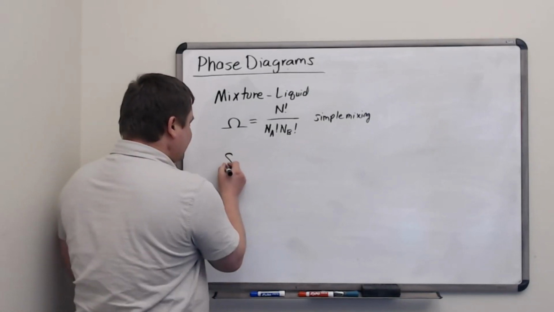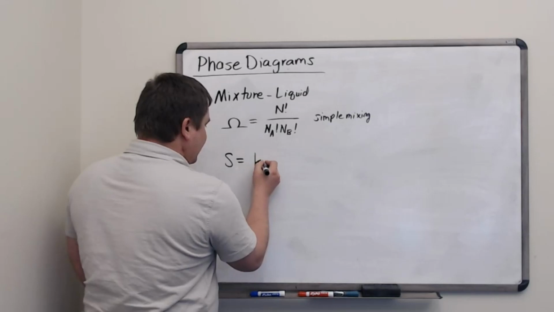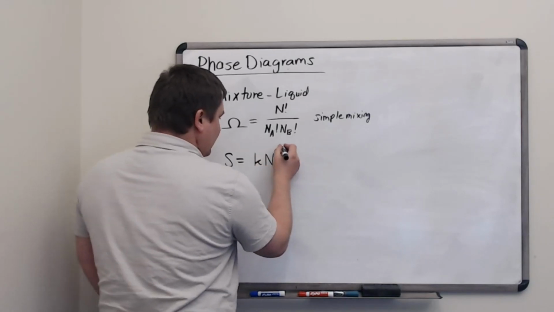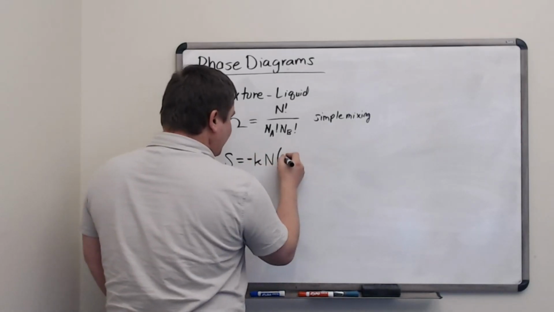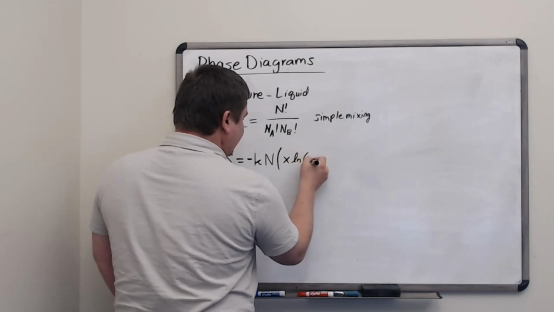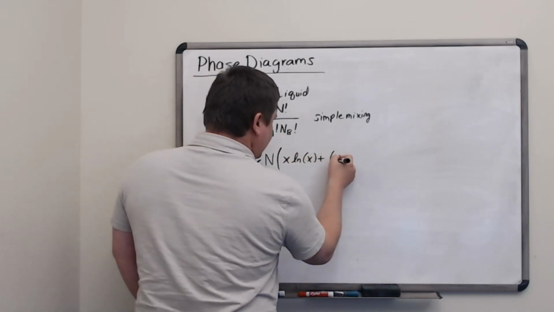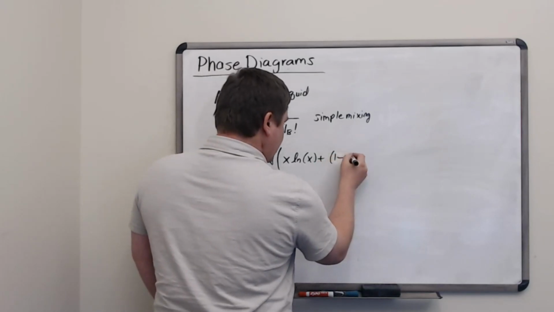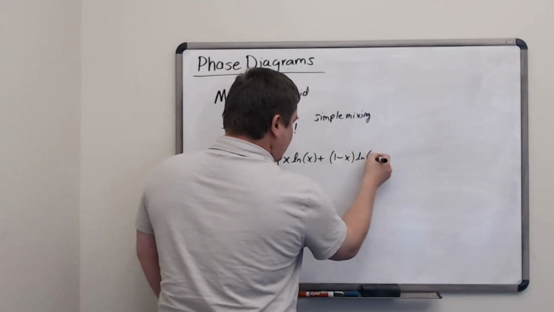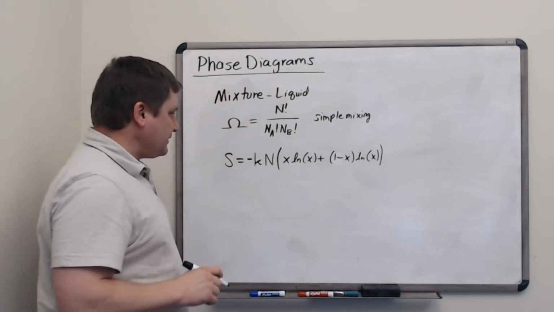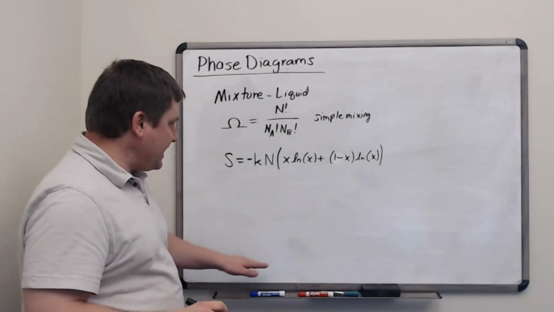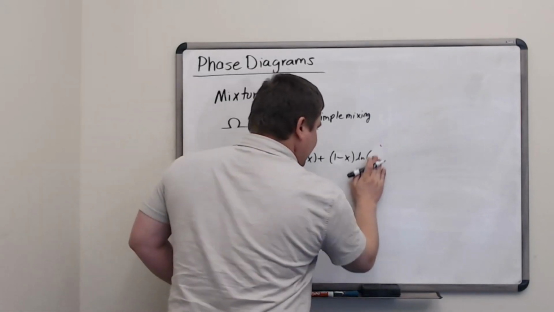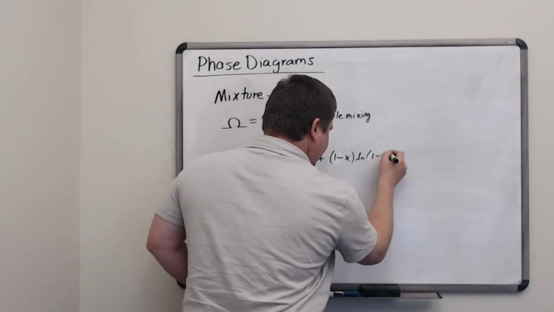So we did some exercises on that, and we did a problem that solved for the entropy in this system, and it was minus NK times the quantity x log x plus (1 minus x) log (1 minus x).